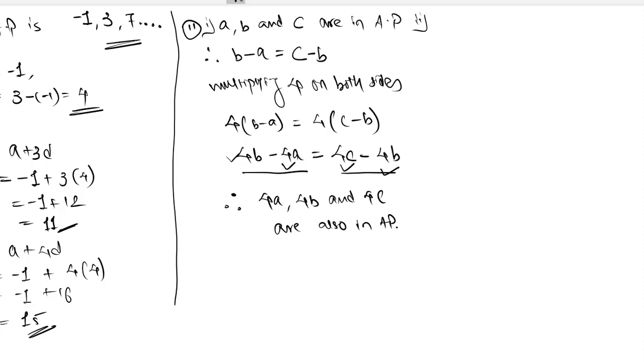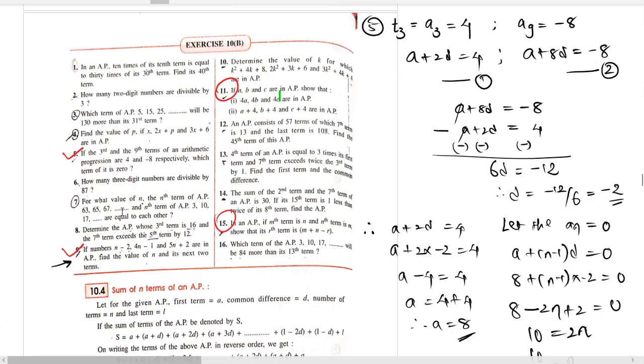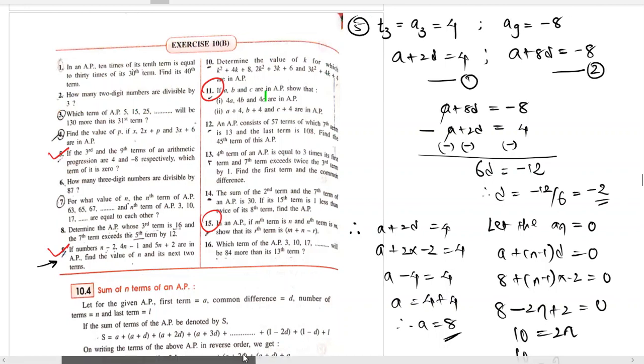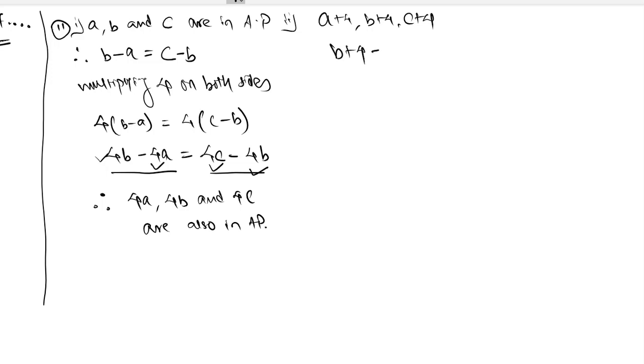The second sub-question of question number 11: we have to show that if A, B and C are in AP, then A plus 4, B plus 4 and C plus 4 are also in AP. Now I don't know whether they are in AP or not, so I'm going to use a slightly different method. Let us find B plus 4 minus A plus 4, second term minus first term.